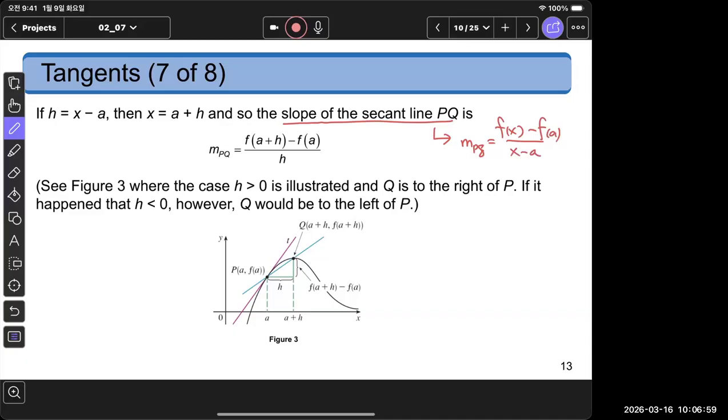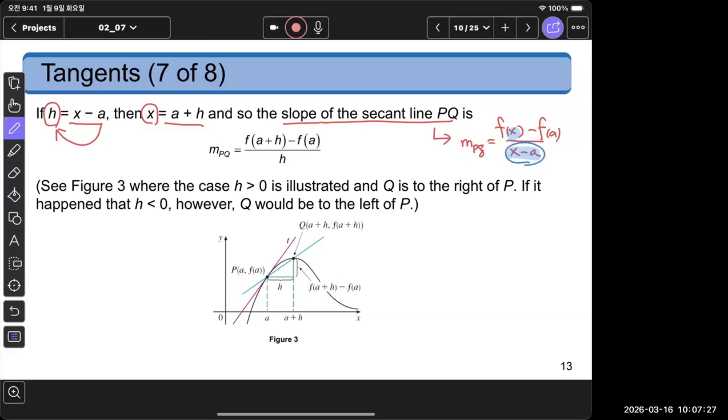Now, if I introduce h to imply x minus a, then when I move this a to the left hand side, x will be a plus h. So if I replace this x with a plus h, then x minus a in the denominator will be just h.